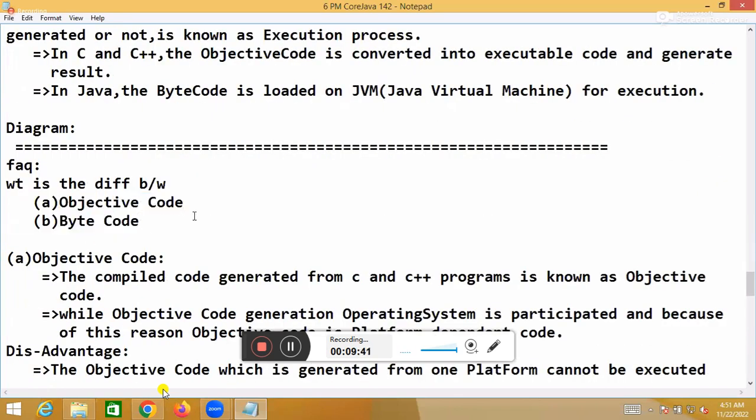Simply you can say, while objective code generation, operating system is participated. Operating system means Windows operating system, Linux operating system, Unix operating system, iOS, our Androids, like this, our operating systems are available or not now? Major ones are Windows, Linux.